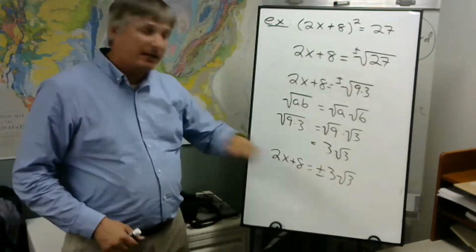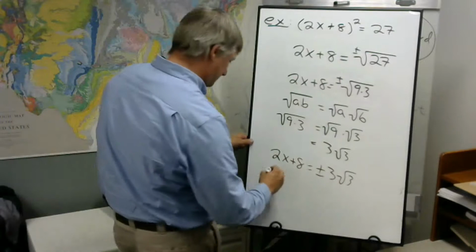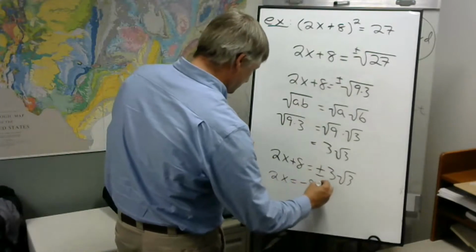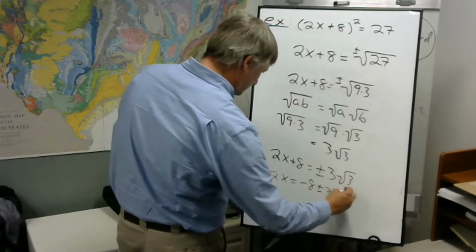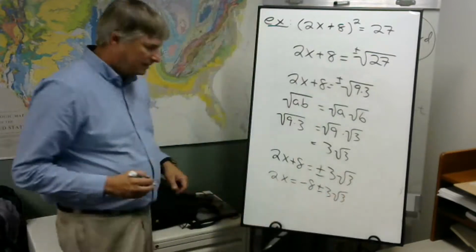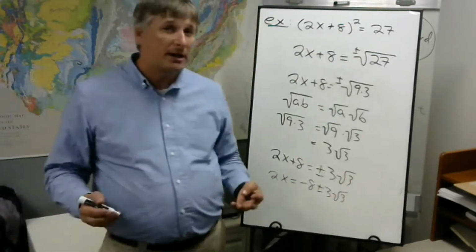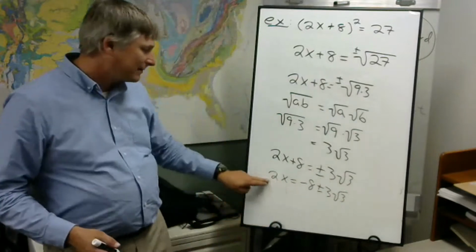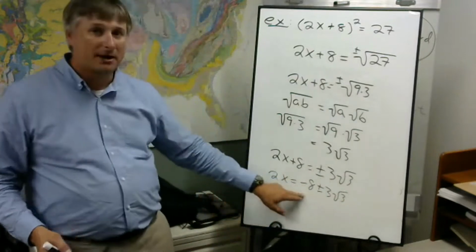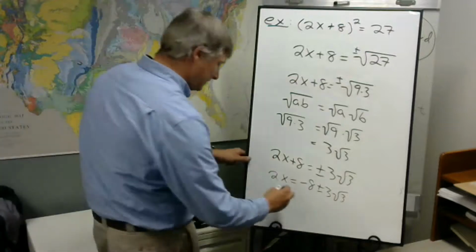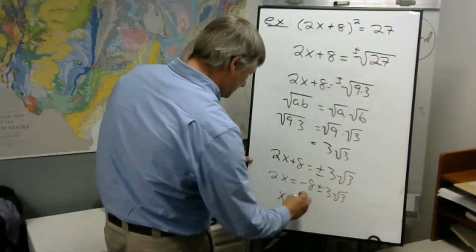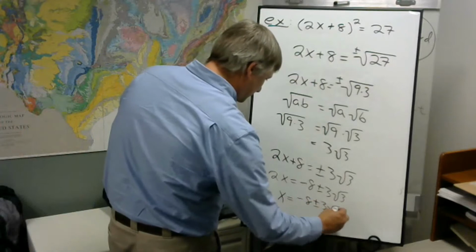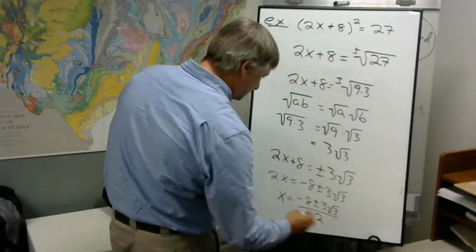Now we subtract 8 from both sides. And finally, we divide both sides by 2. Now remember, when we're dividing by 2, we're dividing this entire side and this entire side by 2. That means negative 8 plus or minus 3 root 3 over 2.